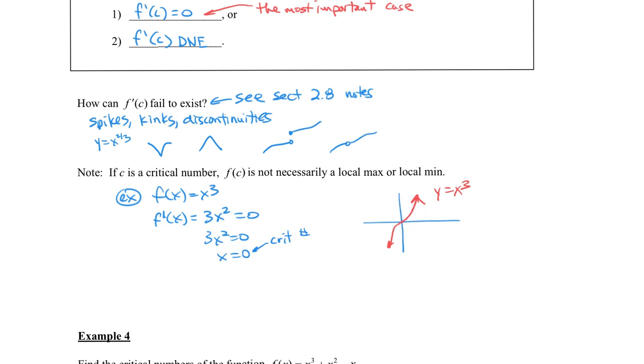Normally it will, but there are exceptions. So in this case, there's no local max or local min at x equals 0, even though x equals 0 is a critical number.